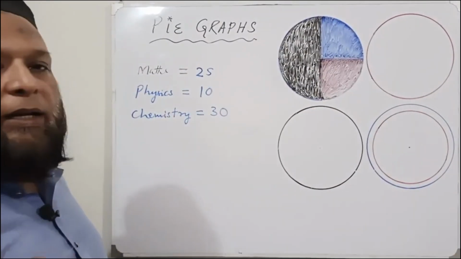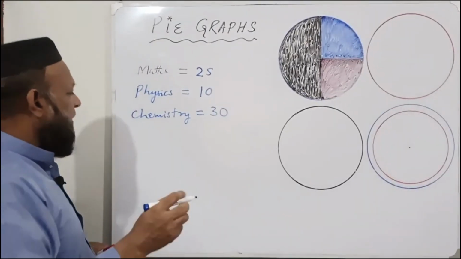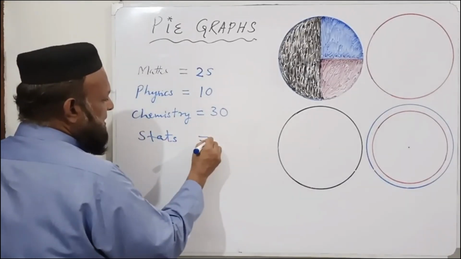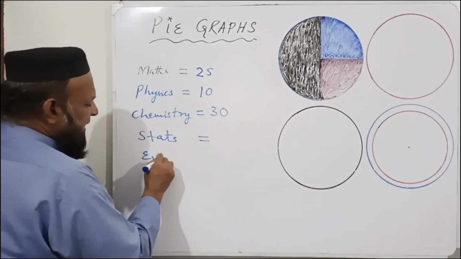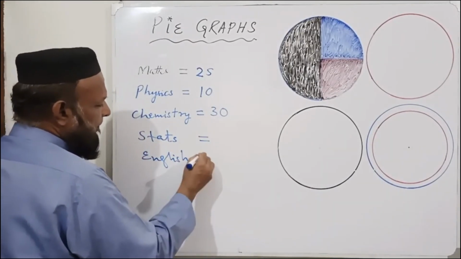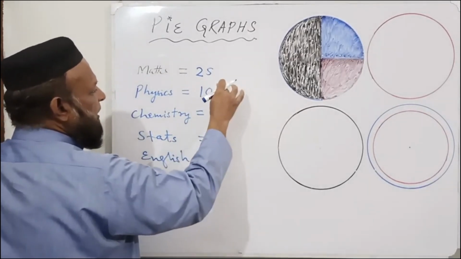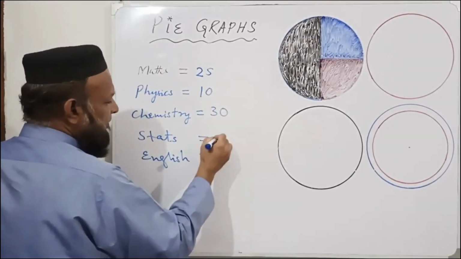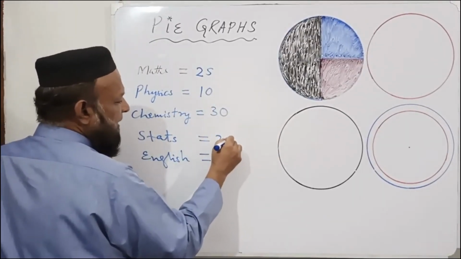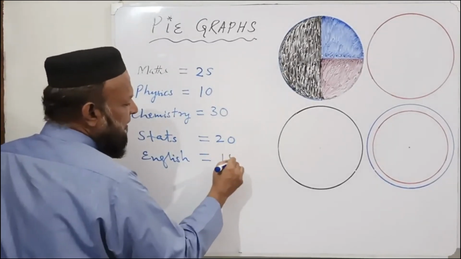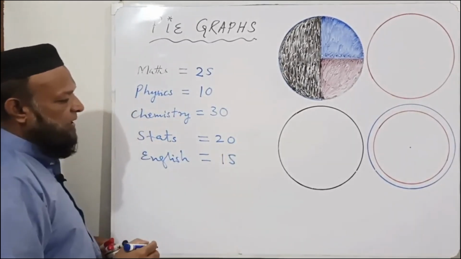There are a total of 100 students. We have performed a survey and we got these results: stats and English. 20% like stats and 15 of them like English.